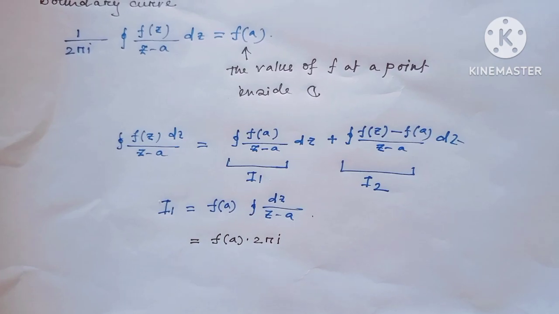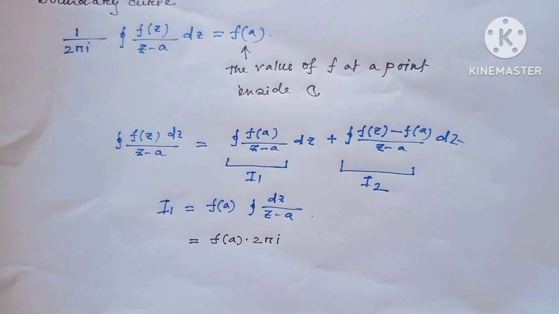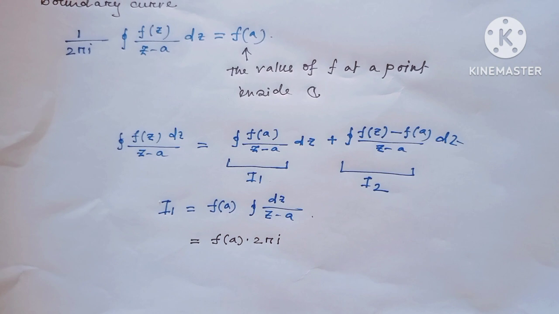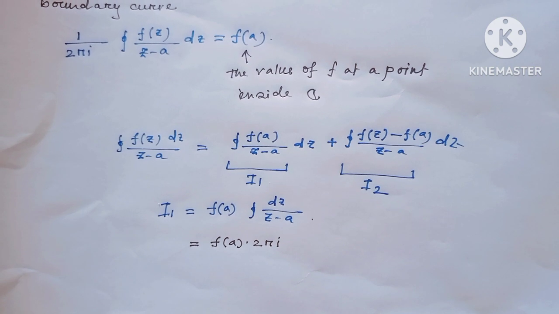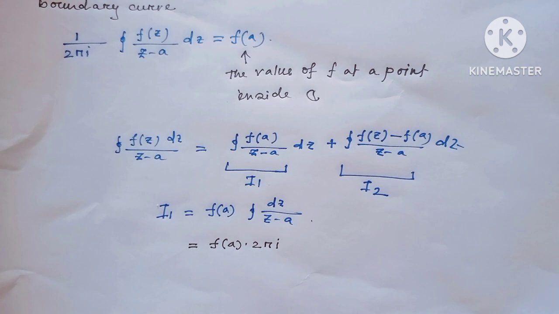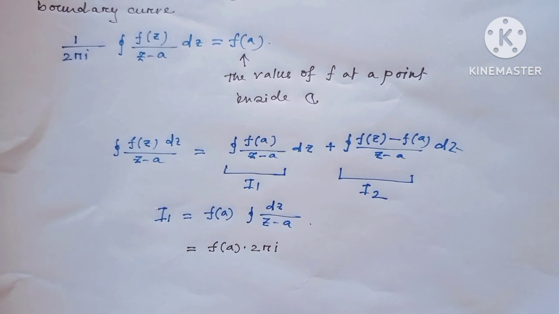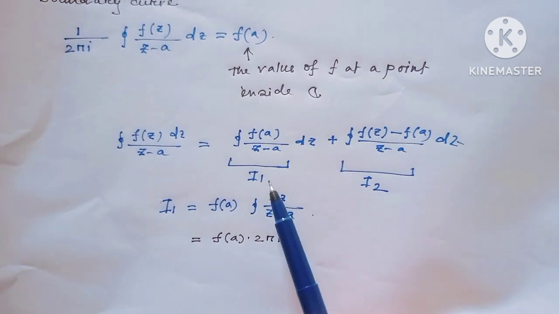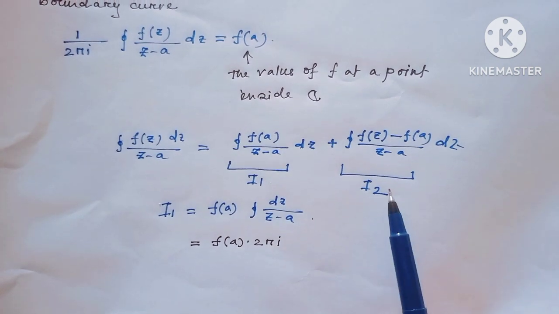And the proof is such: the integration of f(z) dz over z minus a. We can write this as the integration of f(a) divided by z minus a dz plus the integration of f(z) minus f(a) divided by z minus a dz. Consider the first integral as I1 and the second integral as I2.